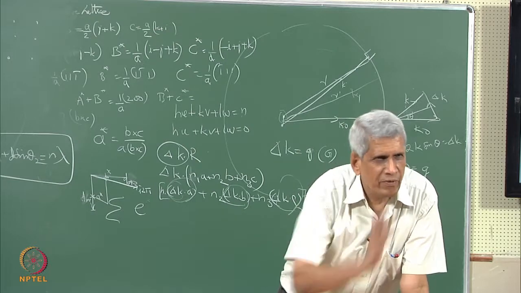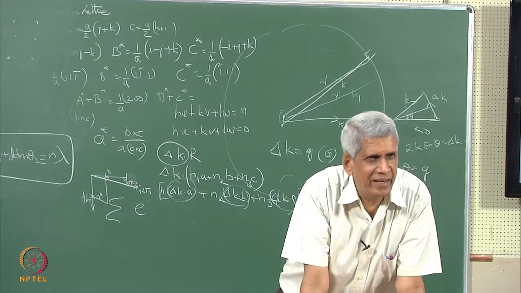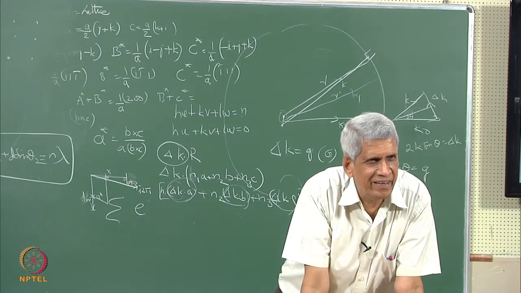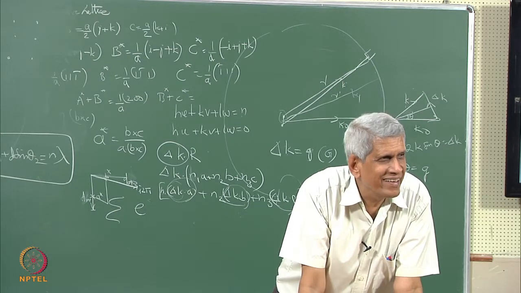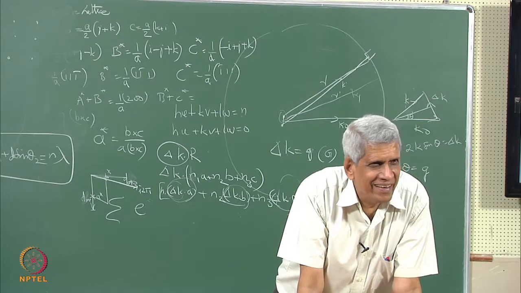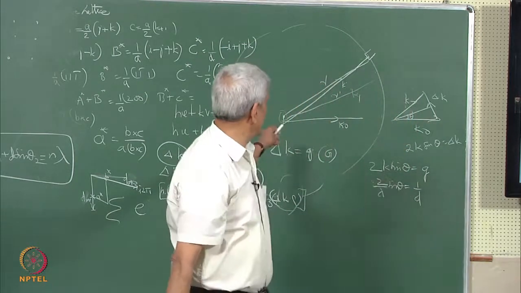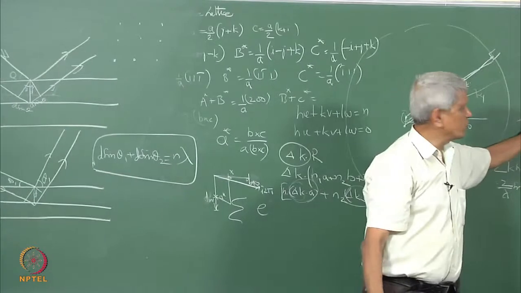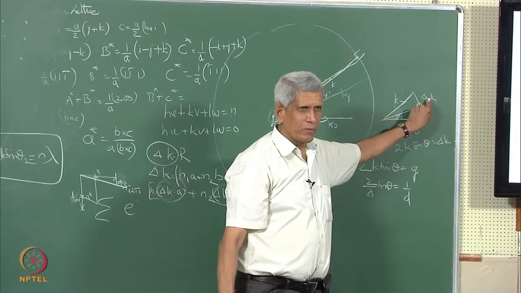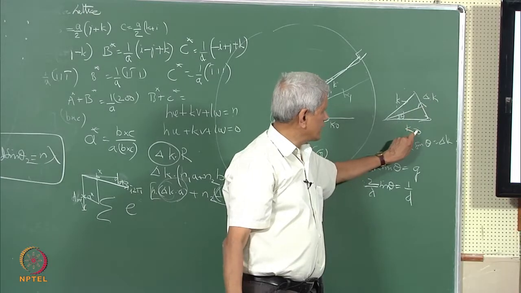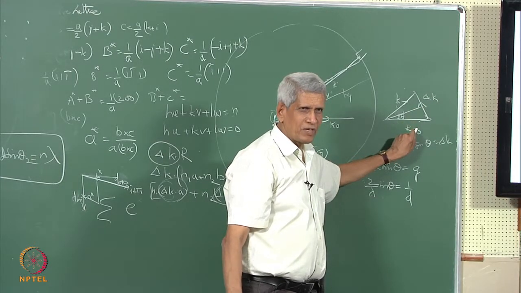That we add together, that is nothing but the condition delta k dot r equal to n, also the same, na? What it means is that for a specific value of delta k, okay, k0 is the initial direction which is fixed.